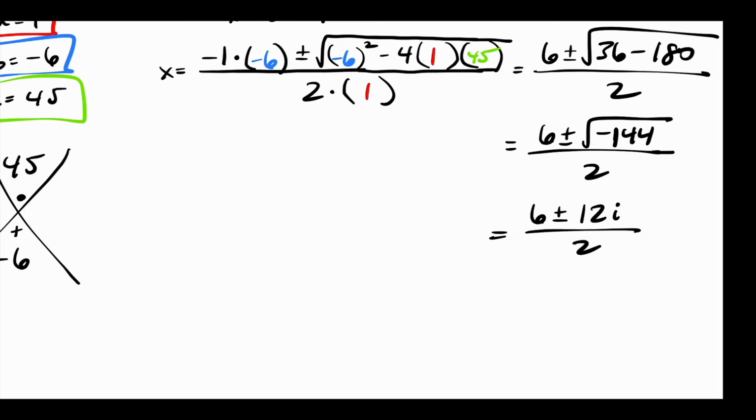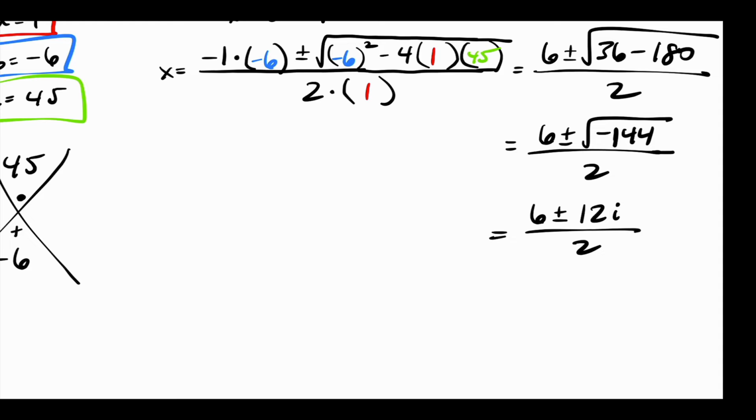No more square root. I still can't plug it into my calculator because my calculator has no conception of what imaginary is, so I have to figure out another way.